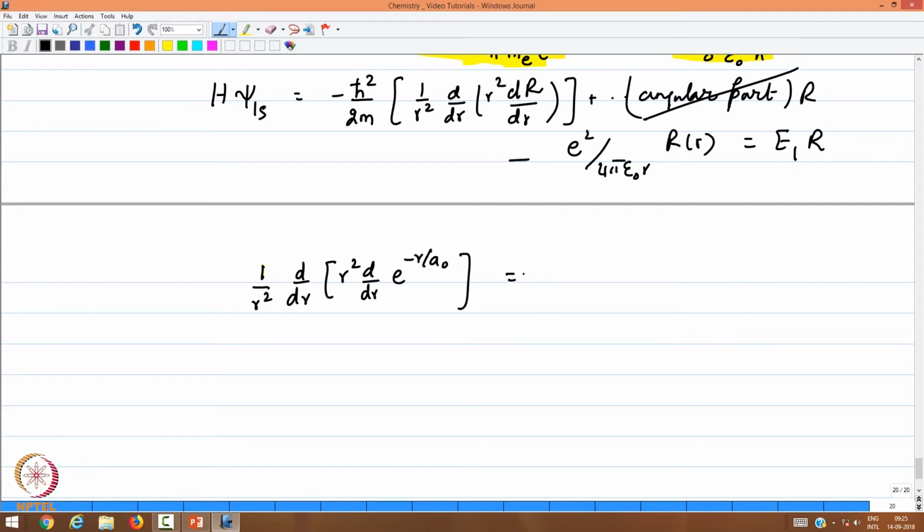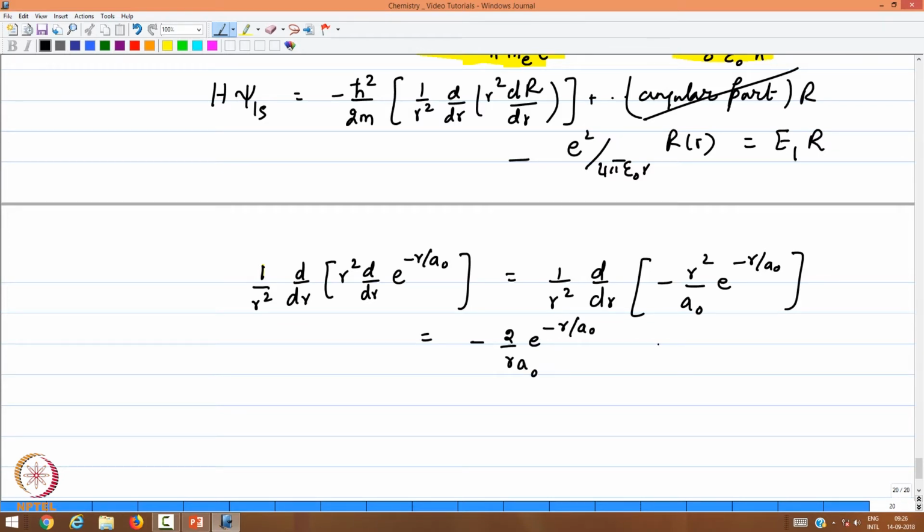If you look at that, it is 1 by r square d by dr of minus r square by a naught exponential minus r by a naught, which is minus 2 r e to the minus r by a naught times 1 by a naught plus r square, and the r square will cancel out. You have 1 by a naught square e to the minus r by a naught.